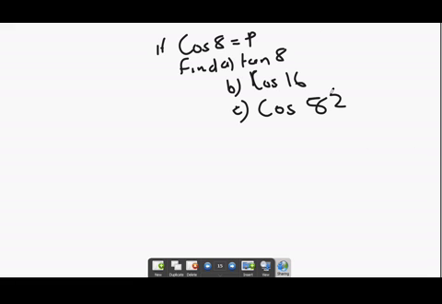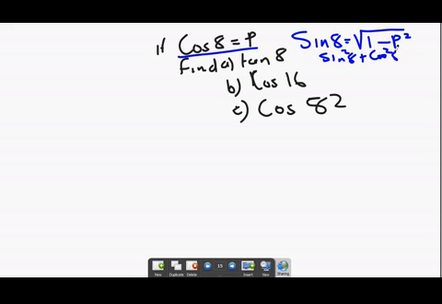Now when we look at this question, remember what I said, the first thing that should come into your mind is, oh, I've got cos 8, I can find sine 8. And then if you can find sine 8, you say this is square root of 1 minus p squared, and you can always explain it by saying sine squared 8 plus cos squared 8 is equal to 1, and you can continue to just show the examiner you know what you are doing.